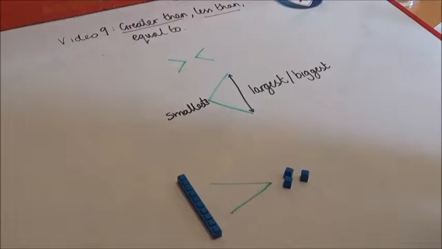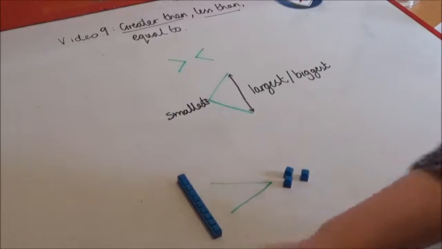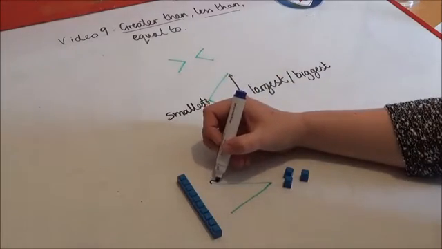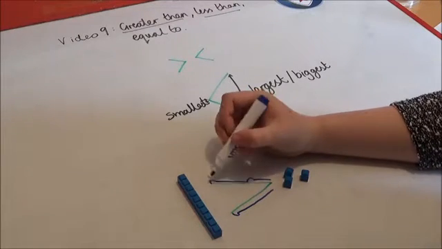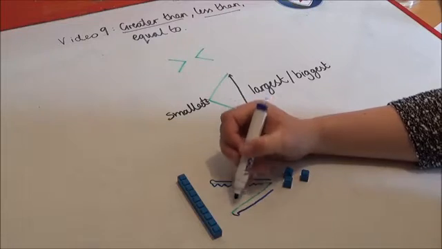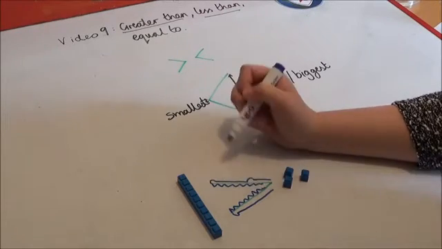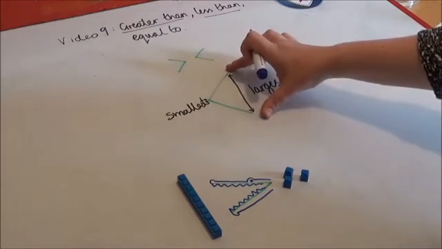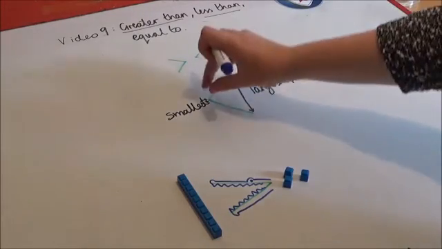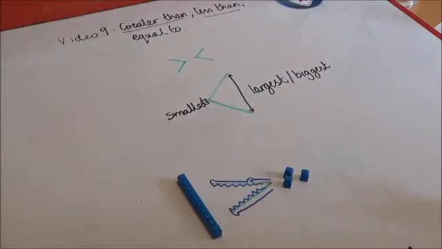Now, some children at school believe that it's easy to remember this symbol as a crocodile, and that the crocodile will eat the largest number, so its mouth would be facing the largest number, which is fine if that helps you understand it, but really the largest part is facing the largest number, the smallest part is facing the smallest number.